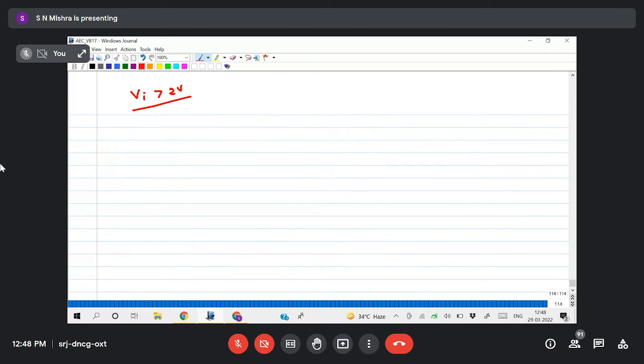The diode will be short, because it is an ideal diode. So the 2 volt will remain 2 volt. Then this is your output voltage V0, this is your 2 volt, this is your resistor. Here I am taking minus plus because it is more than 2 volt.